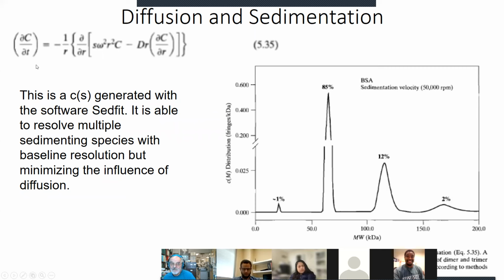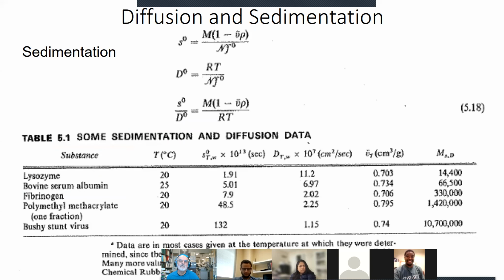This is solving this analysis using this kind of equation. I'm not going to go through all of the technique that is used in this method here. Okay, so this is sort of the way that we analyze data this way.